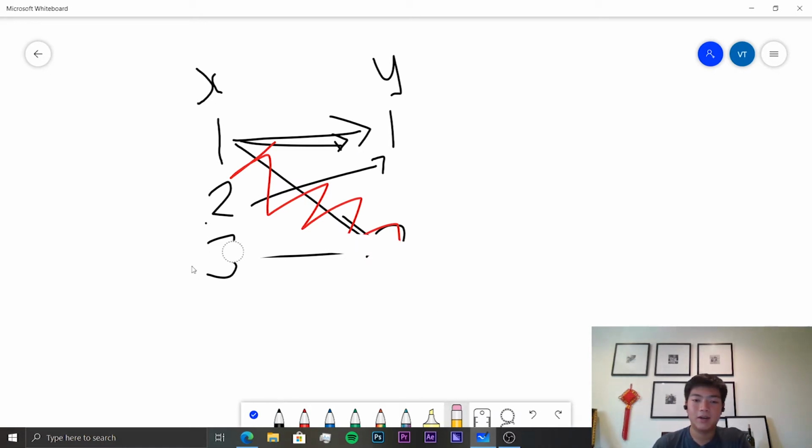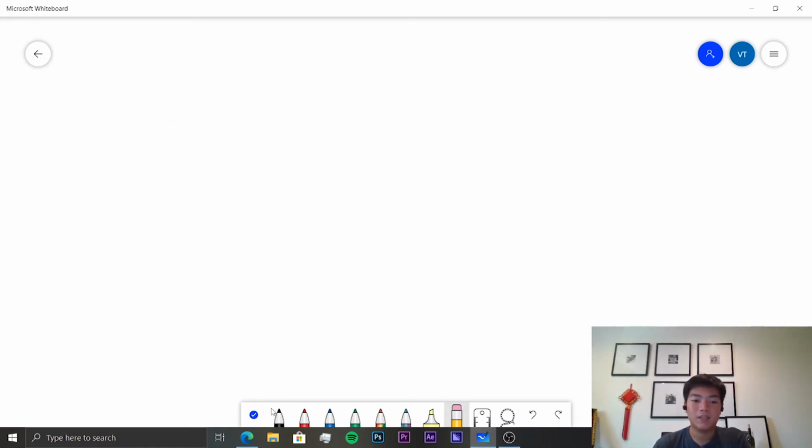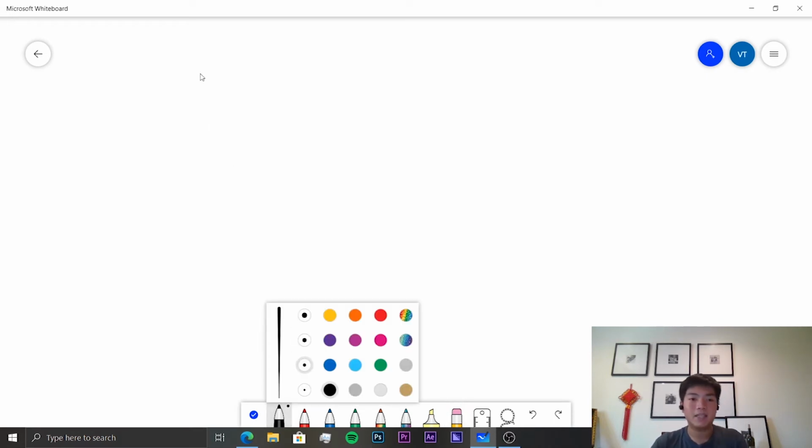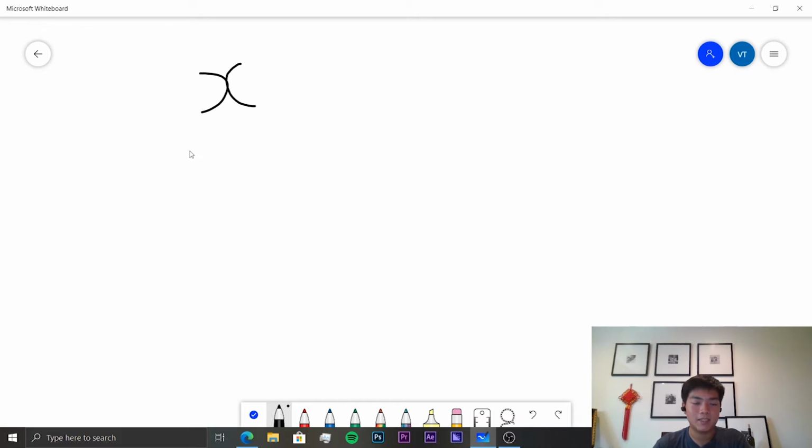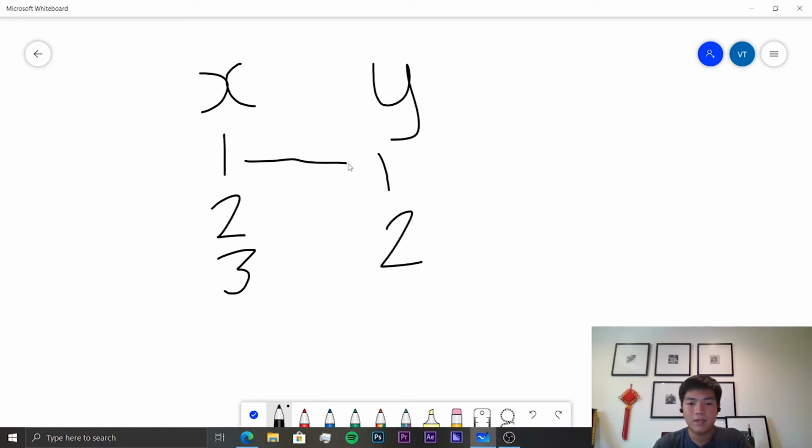Talking a bit more about functions, in our very simple function here, we have x and y. The set of x values, in this case 1, 2, and 3, is called the domain.